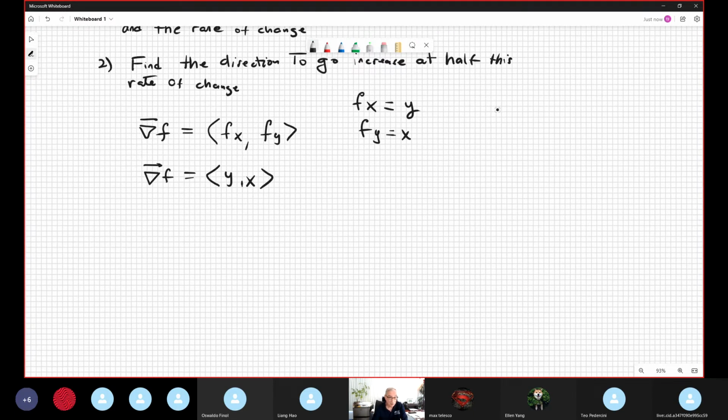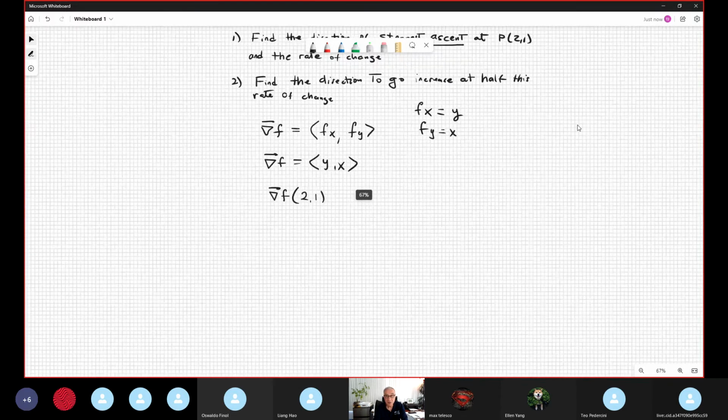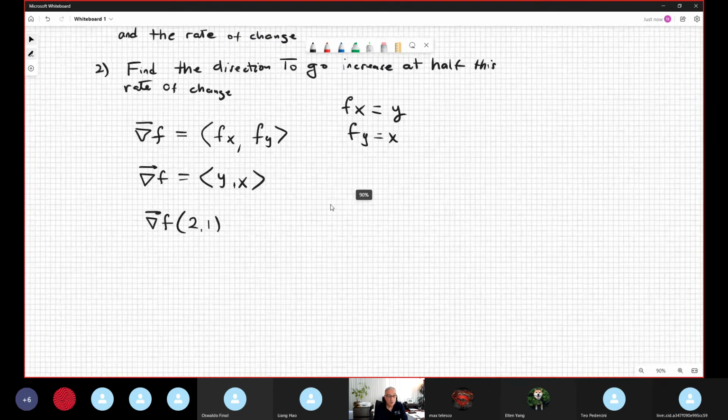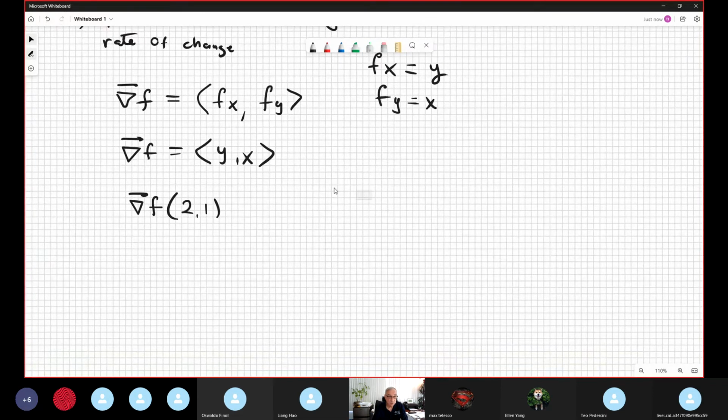Now our gradient in this surface, specifically at the point 2, 1, the point that was given at the beginning, is the vector 1, 2. Because remember, this is the x value, this is the y value.